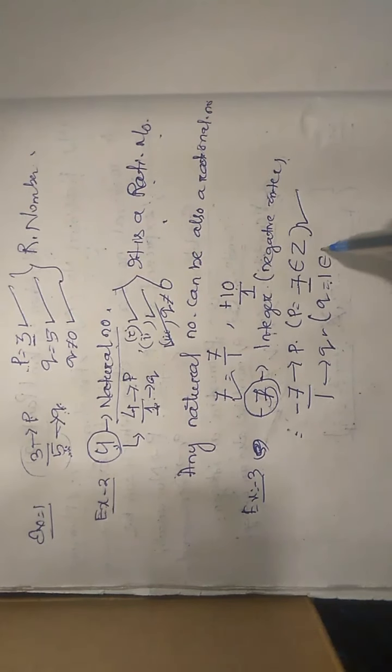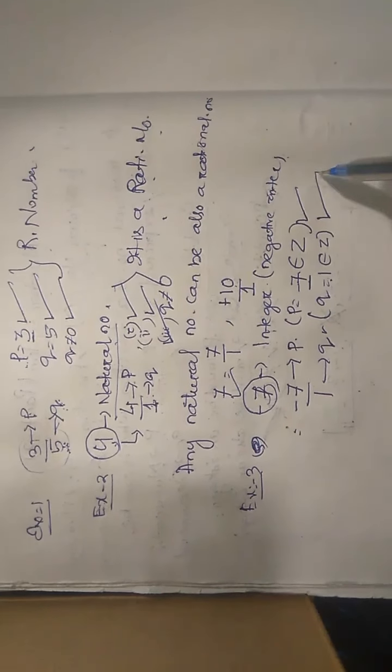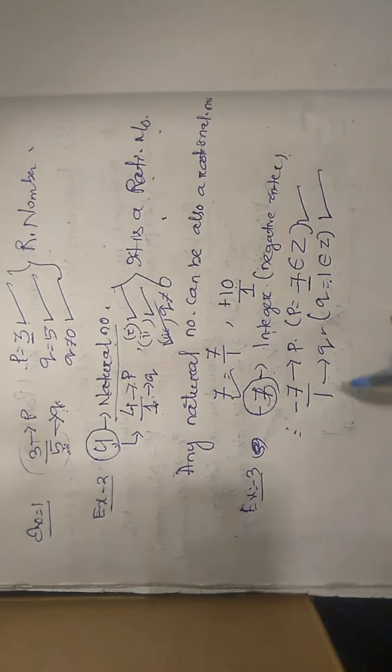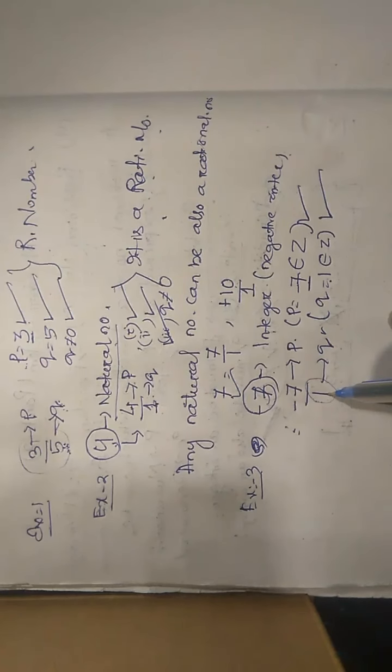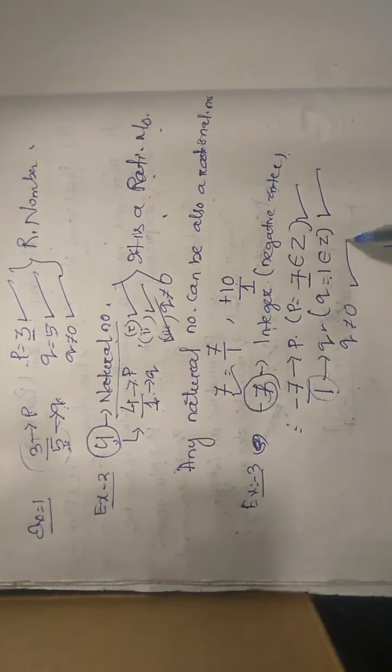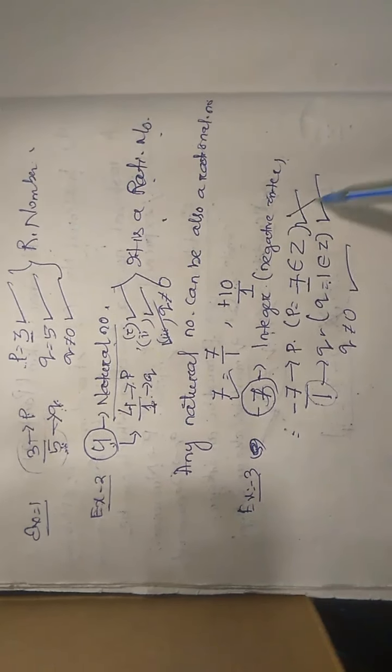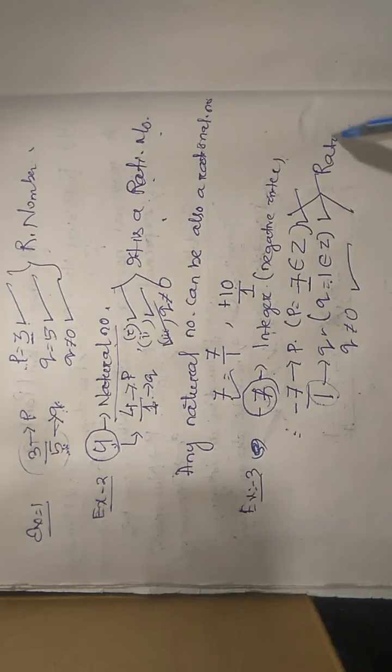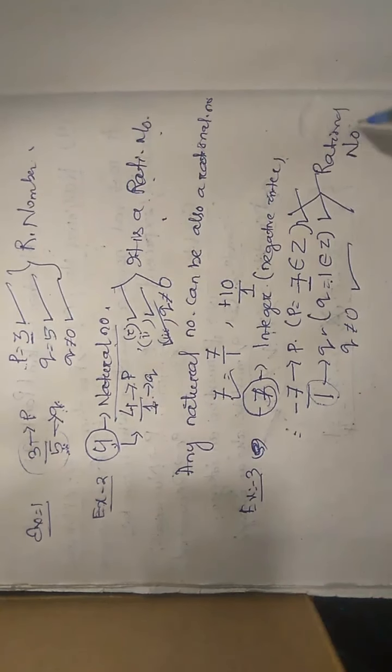So you can write it also belongs to z. So condition 2 satisfied. Now the third condition is q not equal to 0. And you can see here the denominator part is not 0. So you can write q not equal to 0. As condition 3 also satisfied, that means we can say it is also a rational number.